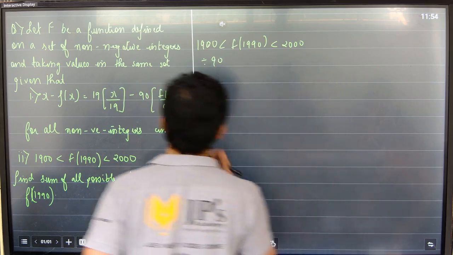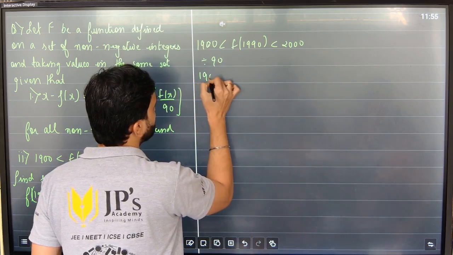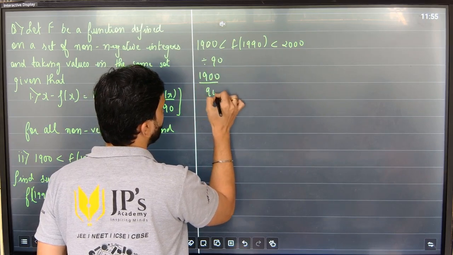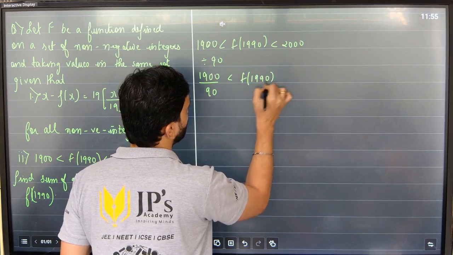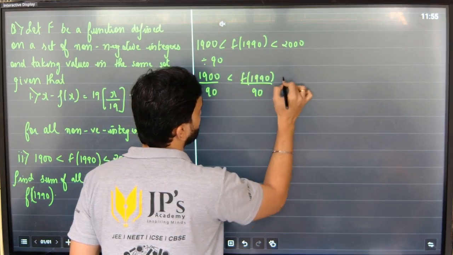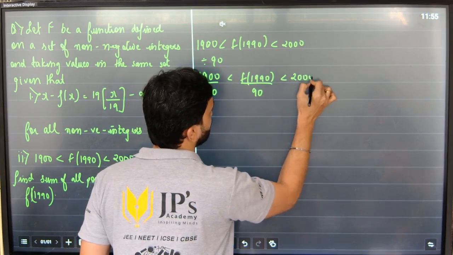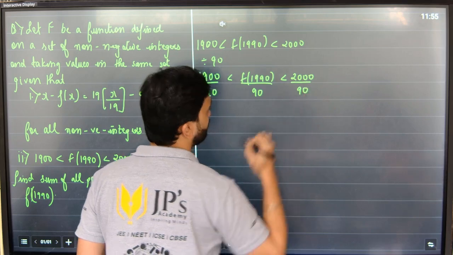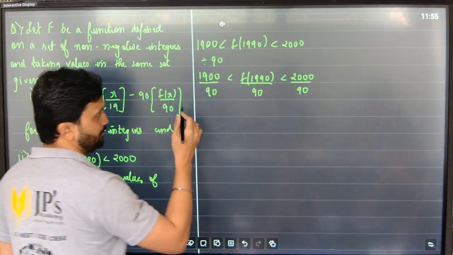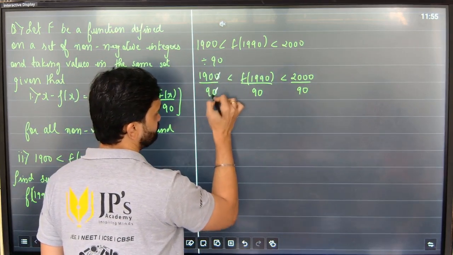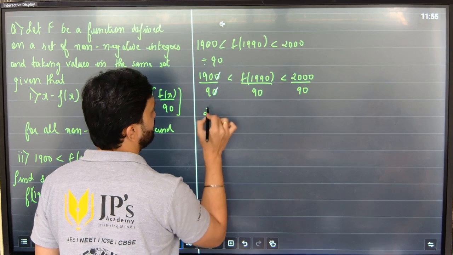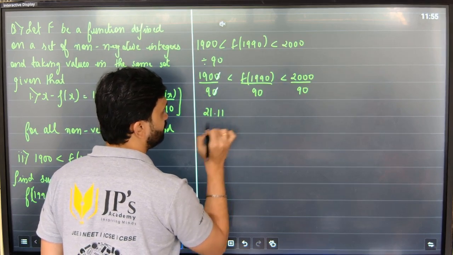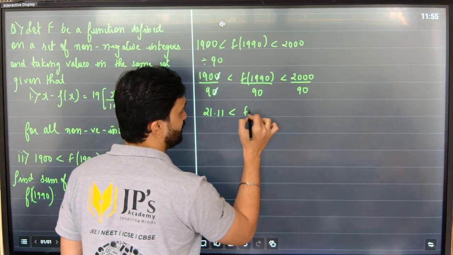Let's divide by 90. This will become 1900 divided by 90 less than f of 1990 divided by 90 less than 2000 divided by 90. If I cancel this, I know that 9 times 2 is 18, 9 times 1 is 9, so 1900 upon 90 is 21.11.